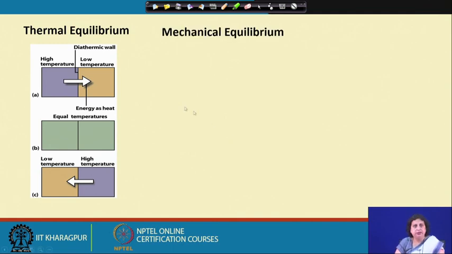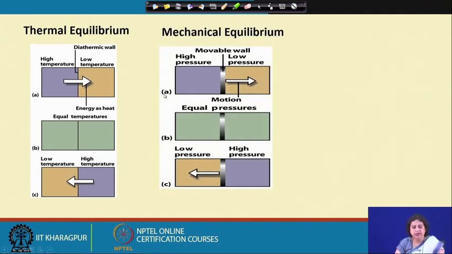The next scenario that I will highlight is when the system is separated from its surrounding by a movable wall, and I can move this in this direction. If there is a high pressure in the system and a low pressure in the surrounding, then this will spontaneously move in this direction.